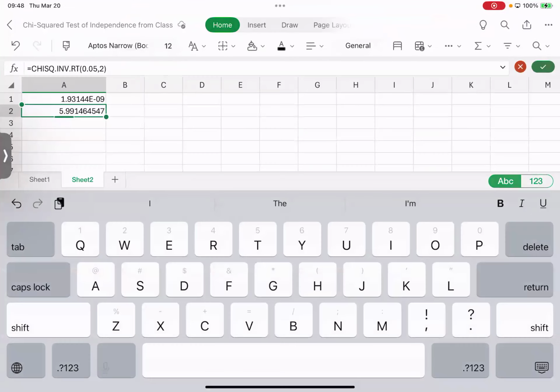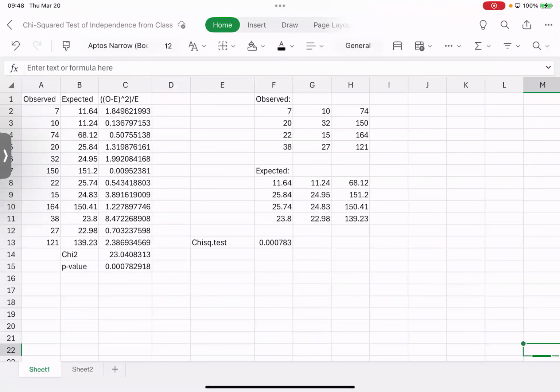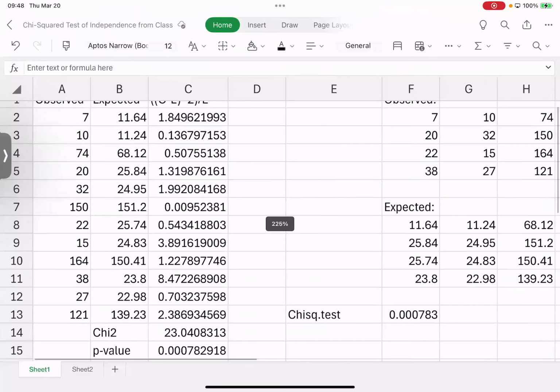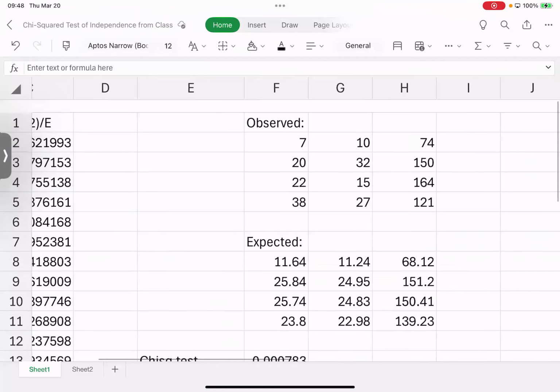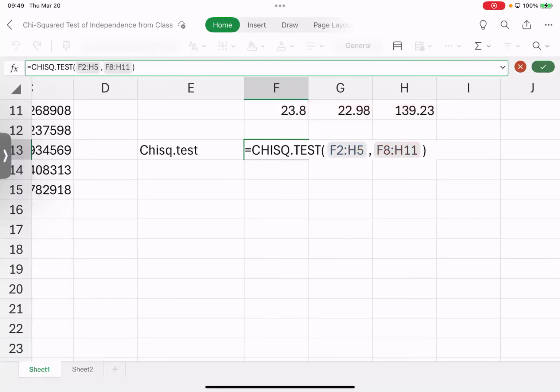I've got in the first sheet here, these are for a different example, but it would need the counts like this, the observed counts, and then the expected counts, and then the chi-squared dot test has, does it highlight them?